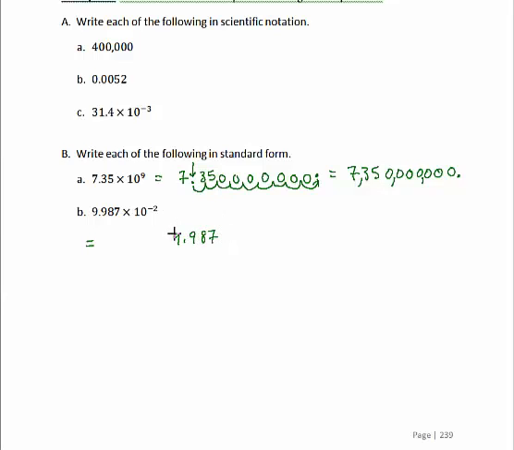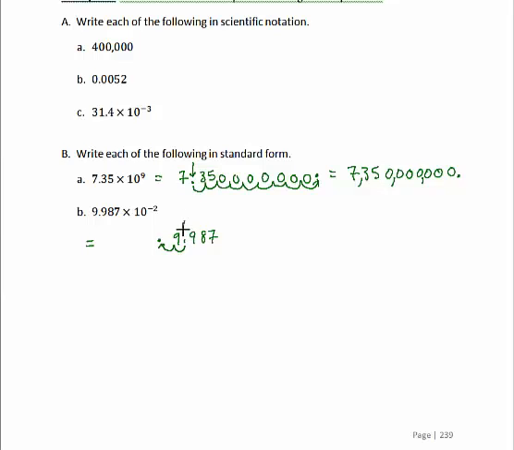Alright, well, next scientifically notated number is 9.987 times 10 to the negative 2. A negative exponent makes the base number smaller, and so to make it smaller by simply moving the decimal, we have to move it to the left.